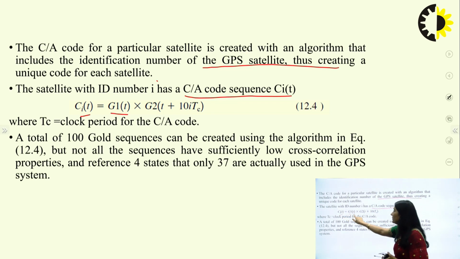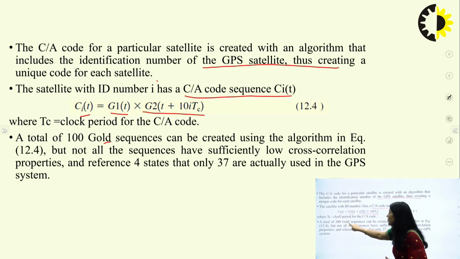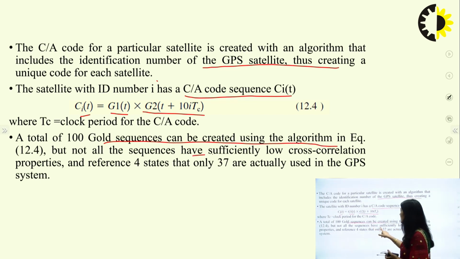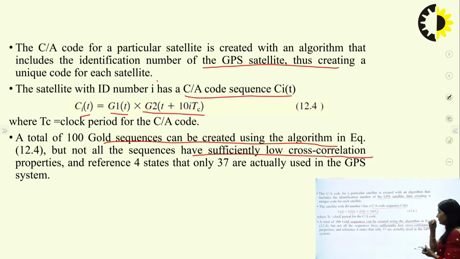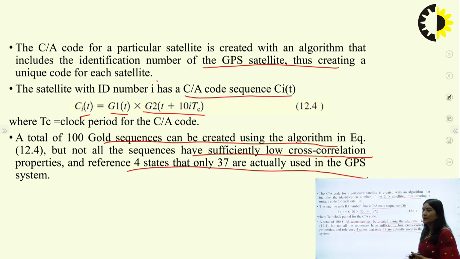So the coding will be done like this. Ci(t) will be G1(t) times G2(t plus 10i Tc), and Tc is the clock period of the C/A code. So a total of 1000 Gold sequences can be generated using this algorithm. Okay, but not all sequences have sufficiently low cross-correlation properties. And reference 4 states that only 37 are accurately used in the GPS system.